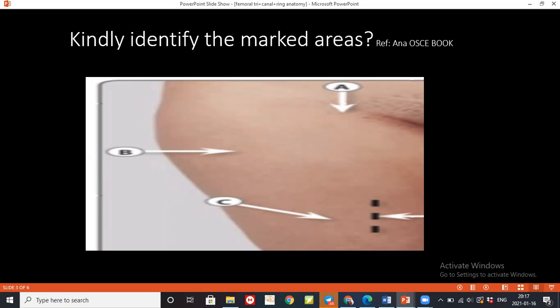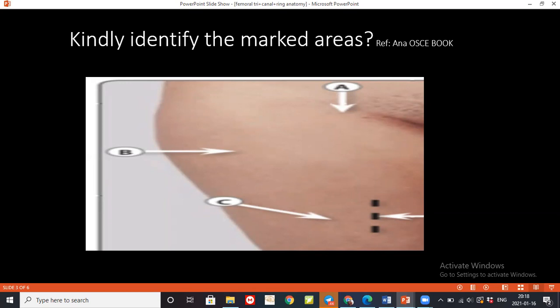Okay, good. Can you please tell me the structures or contents of the femoral triangle? I will start with the mnemonic NAVY: the nerve, femoral nerve, lateral. Lateral to femoral nerve, medial. Then we have the femoral artery, and then the femoral vein.